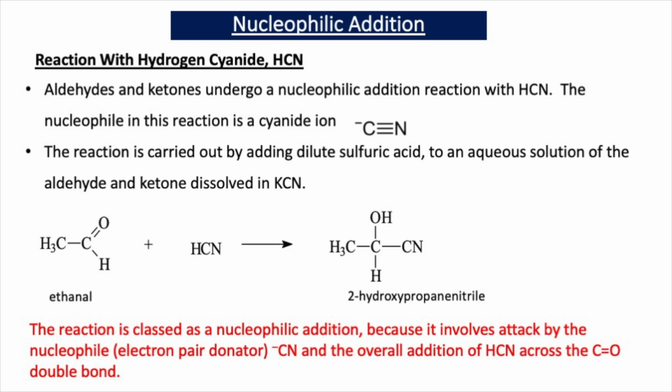Now a racemic mixture has an equal number of moles of each optical isomer or enantiomer, and therefore the ability to rotate plane polarized light is cancelled out because 50% of it will rotate the plane polarized light to the left and the other 50% rotates it to the right, and therefore you observe no optical activity.